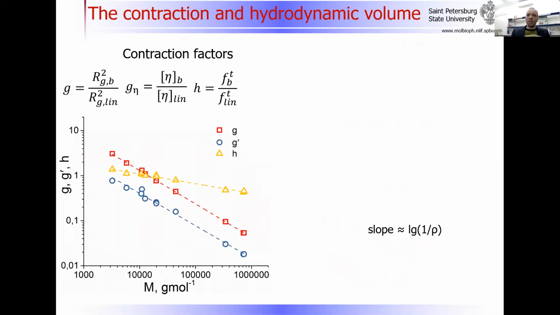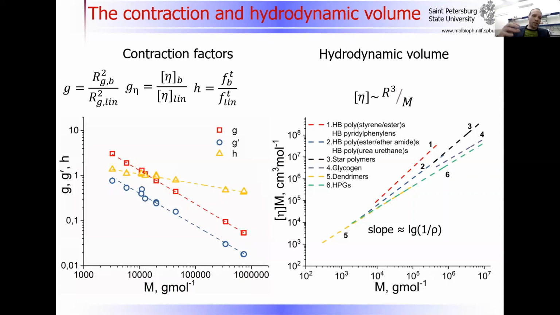If you compare the intrinsic viscosity, or basically the translational or rotational friction coefficients, of your branched one to the linear one, it's a comparison of sizes. In these terms, we see that at the highest molar mass, such hyperbranched macromolecules will have approximately 50 to 100 times less volume than the linear analogs.